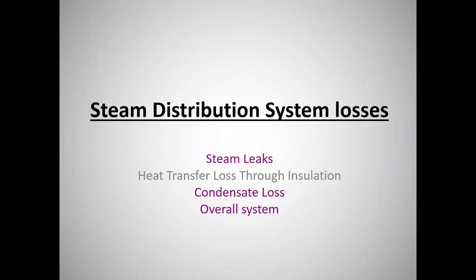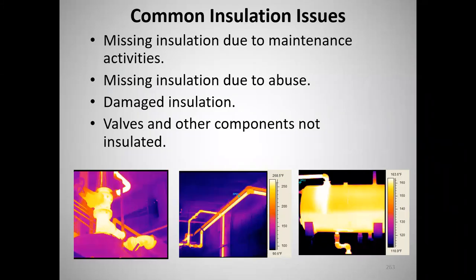Okay, let's look at distribution system losses. There are some infrared images that are very common. The middle image and the right image are from a little company in Cookeville that does chrome plating. We did an energy assessment there.